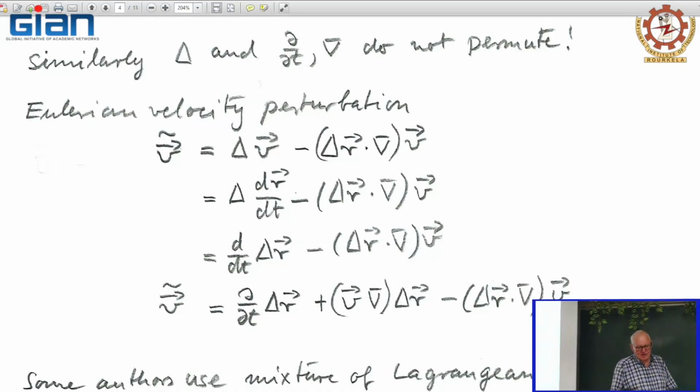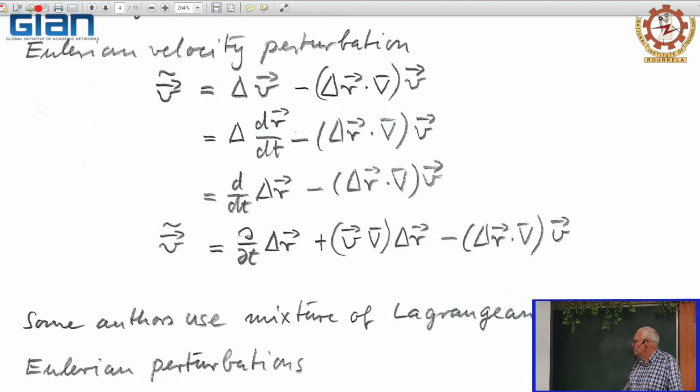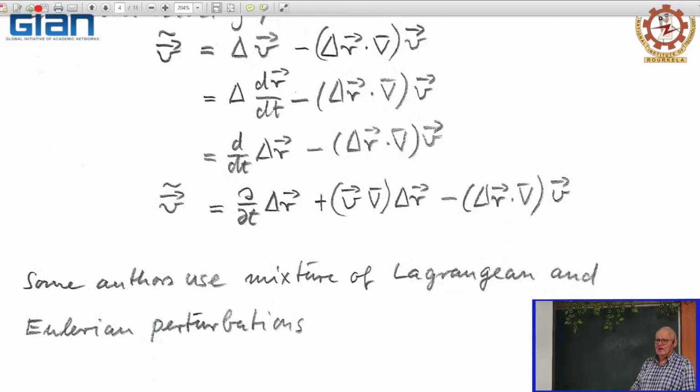Well, some authors even use a mixture of Lagrangian and Eulerian perturbations just for convenience. Sometimes a variable might be better represented in the Eulerian formulation, and in other cases it might be considered in a more convenient way in the Lagrangian. So far we have used only purely Lagrangian perturbations.